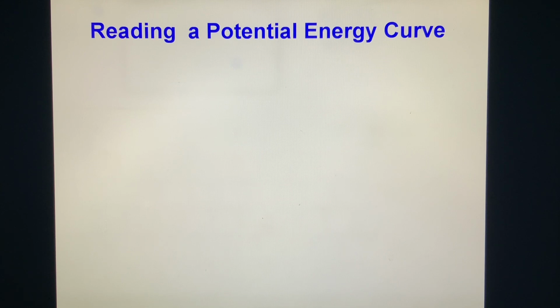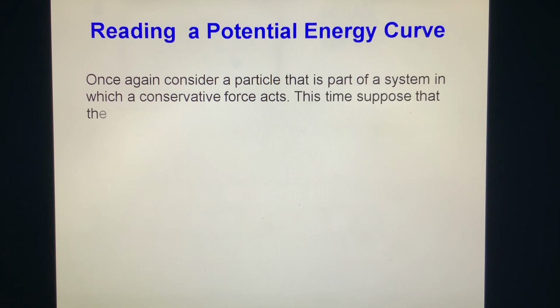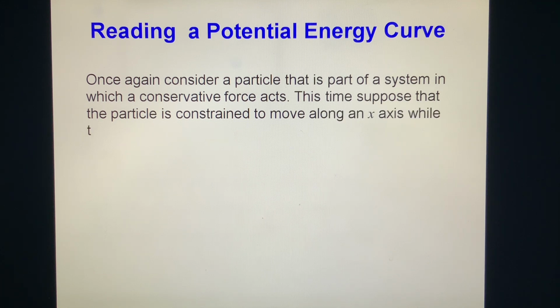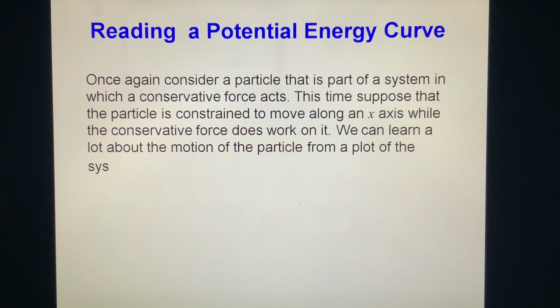Reading a potential energy curve. Once again, consider a particle that is part of a system in which a conservative force acts. This time, suppose the particle is constrained to move along an x-axis while the conservative force does work on it. We can learn a lot about the motion of the particle from the plot of the system's potential energy U(x).